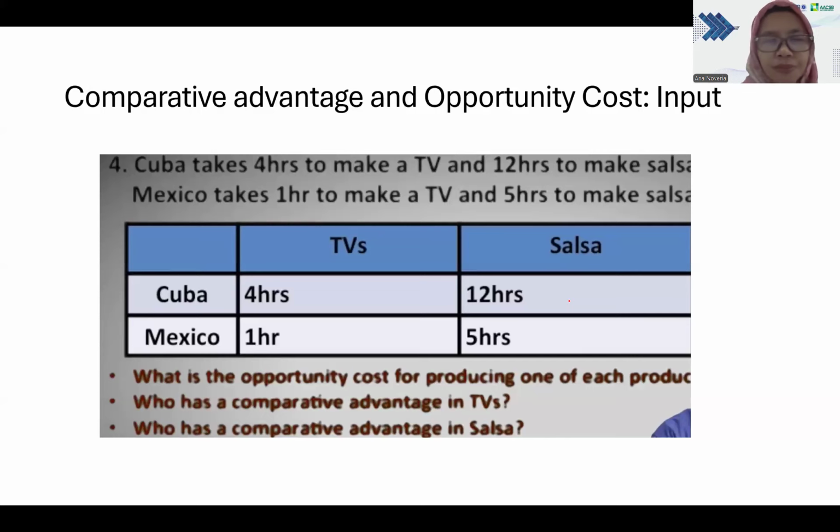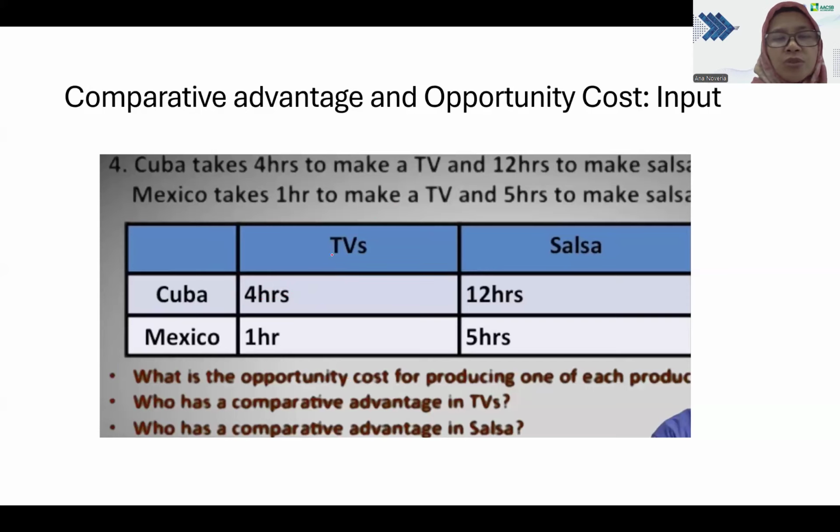Okay, did you get the answer? Now it's slightly different because now we are using inputs rather than output. So now the method is different.